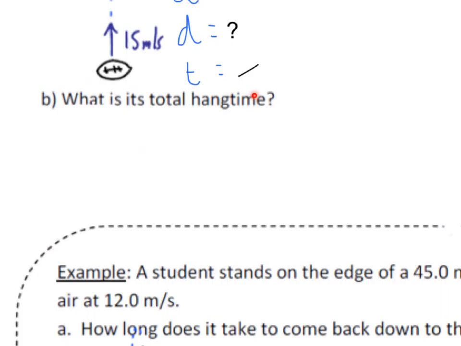Part 2 of the question says, what is the total hang time? That means what is the time it takes to go up and come back down. So if we find the time it takes to go up, then we just need to times it by 2 to find the total time. V equals V0 plus at.